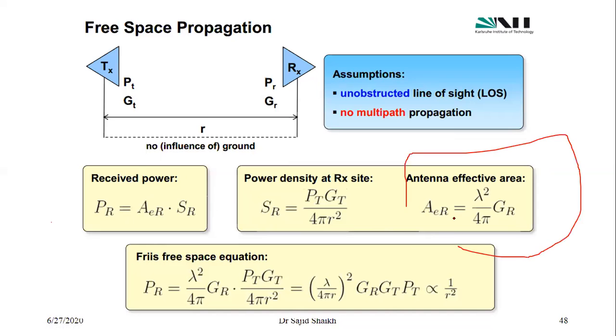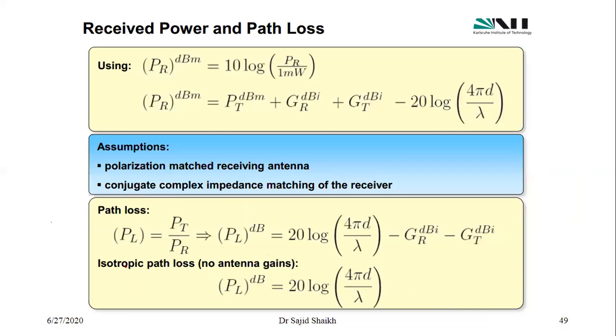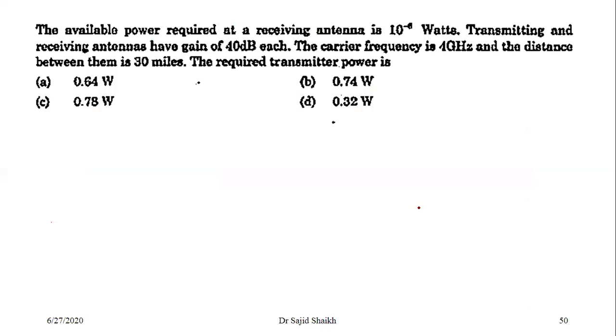And finally, we have the path loss equation, which, as I just told you, is the ratio of transmitted power versus received power, calculated with the help of this formula. We already discussed all these things in the previous lecture, and we also saw one problem.